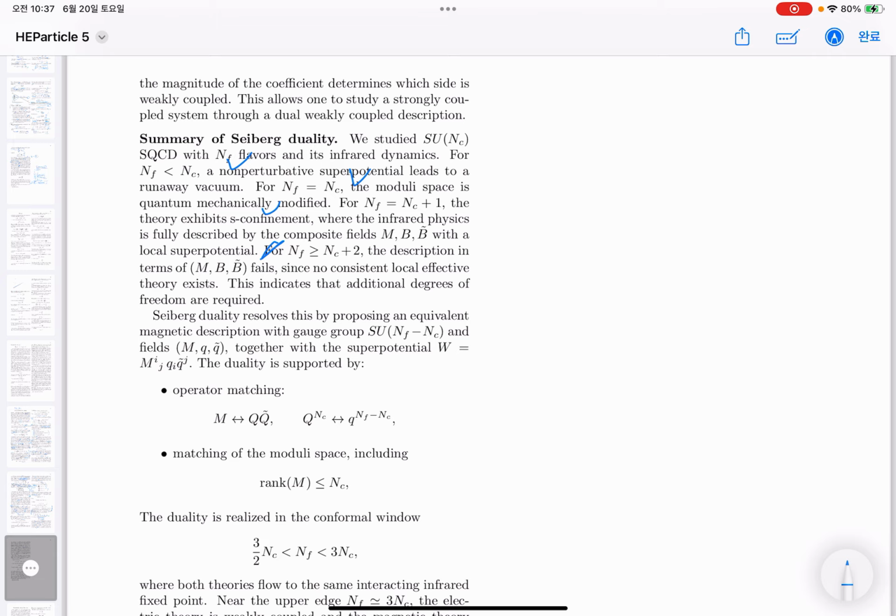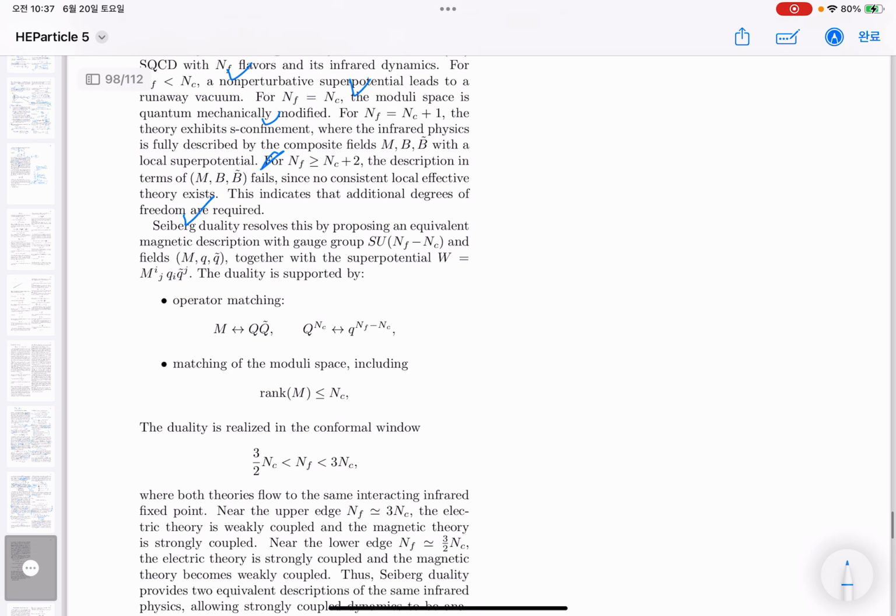So we introduce Seiberg duality with the additional magnetic description of the UV theory with N_F minus N_C gauge group, and this introduces the dual quarks and the meson singlet, and we match the operators and moduli space to have the same IR fixed point.